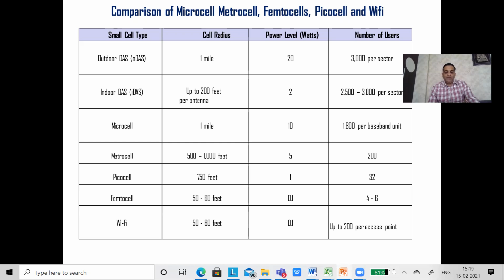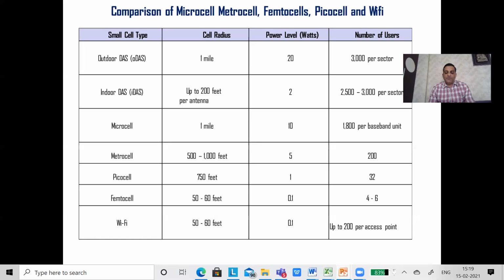Microcell: here the cell radius is 1 mile, the transmitted power level is 10 watts, and it provides services to 1800 per baseband unit. The metro cell, as we have seen earlier, is nothing but a small cell which supports a slightly larger number of users compared to femtocells and picocells.